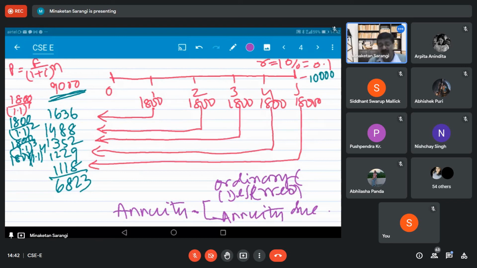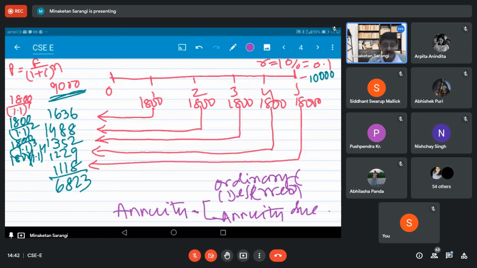Second is annuity due. When we say ordinary annuity, so in this example, when this 1800 is given, beginning of the time period or the end of the time period? When this 1800 is paid, after the end of the year or before the beginning of the year? Please respond.